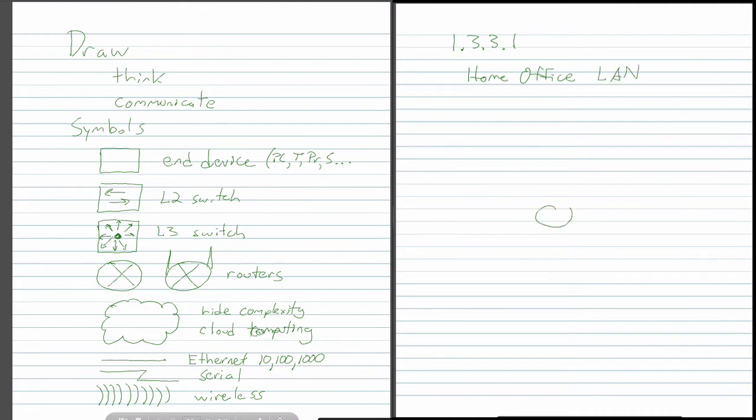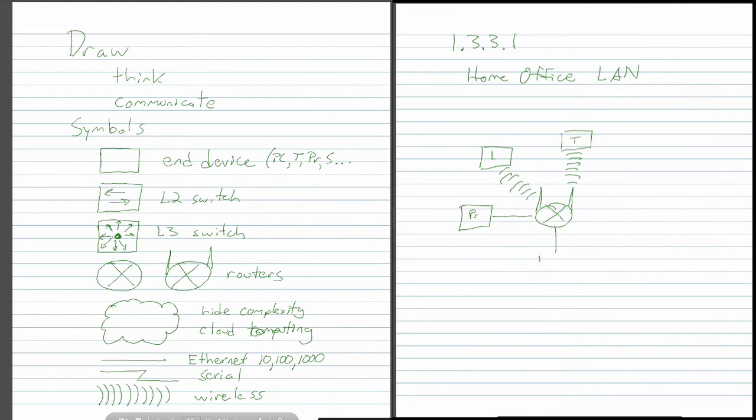The key device is the wireless router. It's connected by Ethernet to a printer. It's connected by wireless to a laptop, and it's connected by wireless to a tablet.